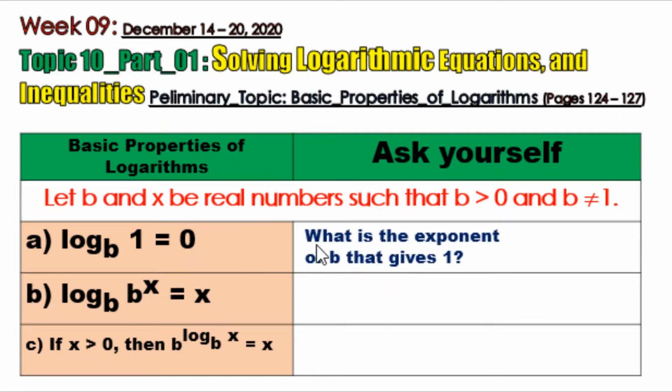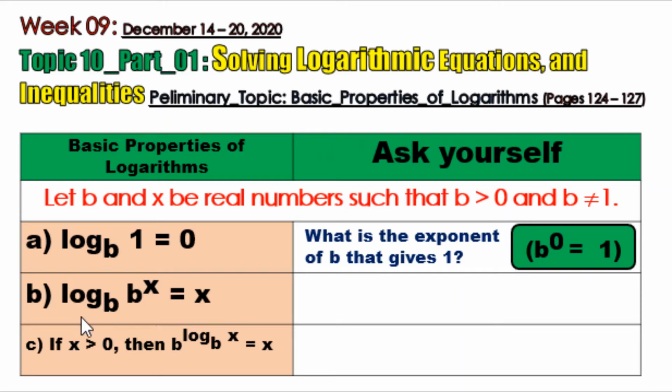Of course, you would ask yourself, what is the exponent of b that gives 1? That is applying the laws of exponents. The exponent of b to get 1 is 0. This can be expressed in exponential form: b raised to 0 is equal to 1.